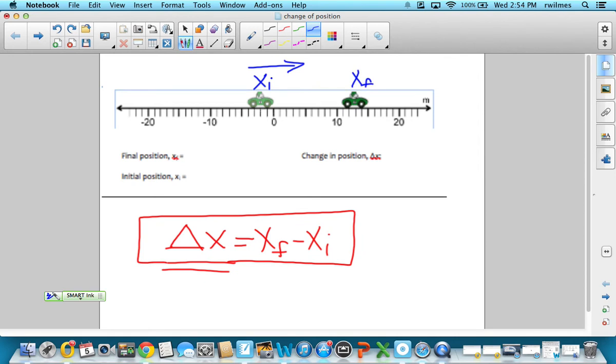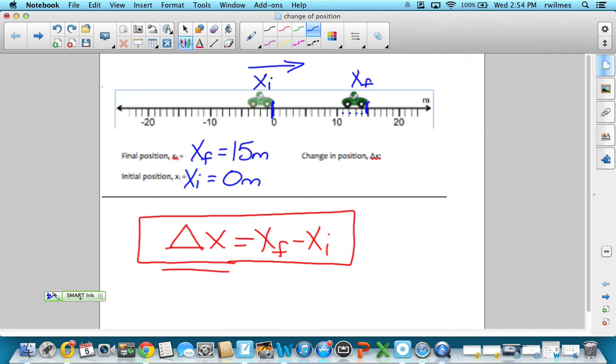All right, so if I measure from the front bumper, my initial position is 0. So I've got an initial position of 0 meters. I've got a final position here of, if I go from the front bumper, it looks like that's 10, 11, 12, 13, 14, 15. I've got 15 meters.